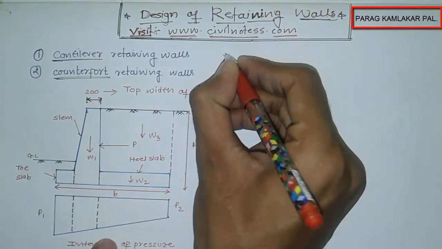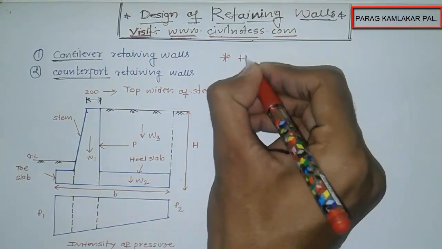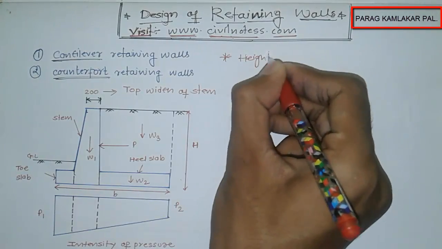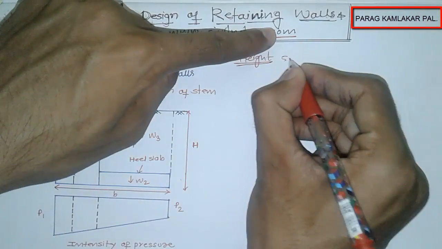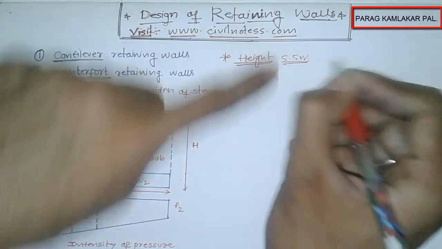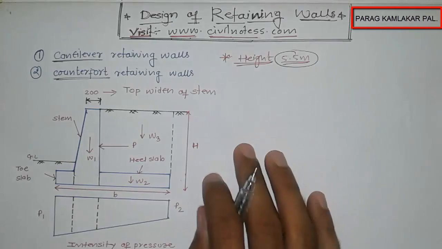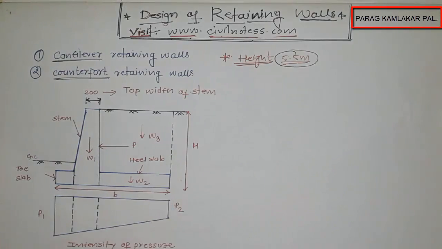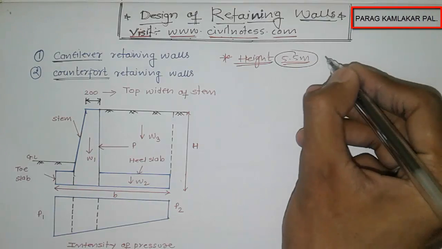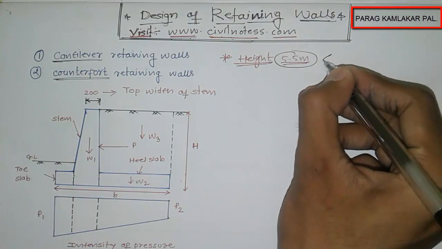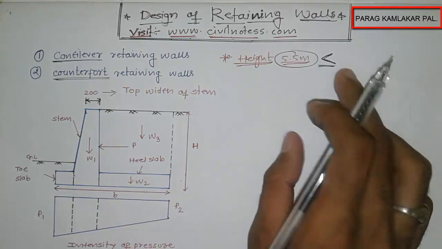The reason is that you can use the cantilever retaining wall at a height of only up to 5.5 meters. If your height is up to 5.5 meters, then and only then you can use the cantilever retaining wall. That means 5.5 meters or less.